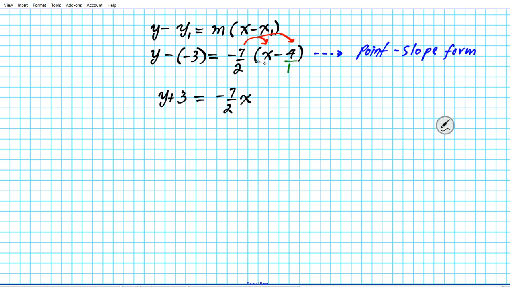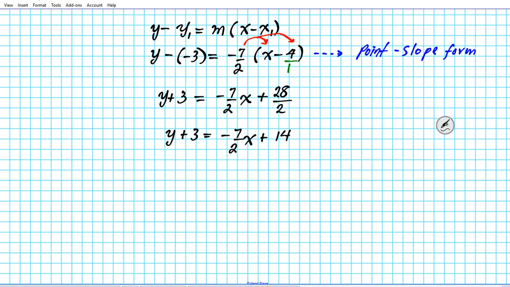Okay? Minus times minus is plus. 7 times 4 is 28. 2 times 1 is 2. Let's go ahead and simplify that fraction. We have y plus 3 equals negative 7 over 2x plus 2 goes into 28 14 times.